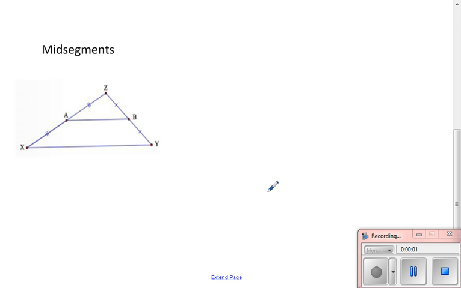Another interesting segment that shows up in a triangle is called the mid-segment. And the mid-segment has a couple of properties.